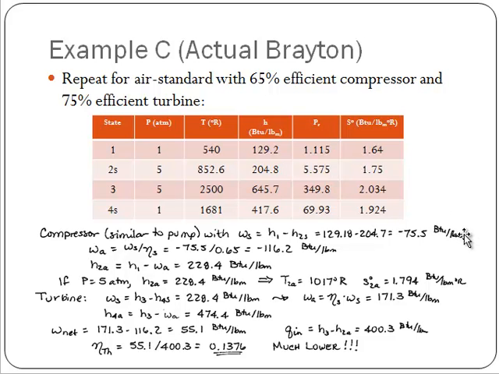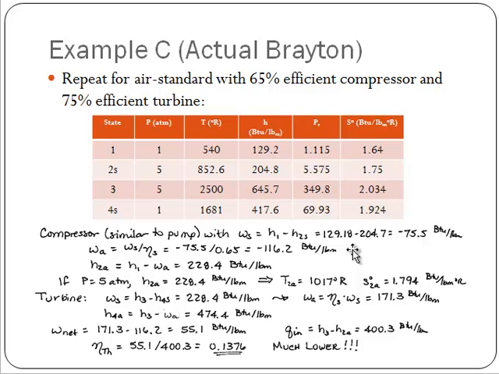That tells me the ideal compressor will require 75.5 BTUs per pound mass. For the actual compressor, I'm going to take this and divide by the compressor efficiency, 65%. So negative 75.5 divided by 0.65 says the actual compressor is going to require 116.2 BTUs per pound mass.